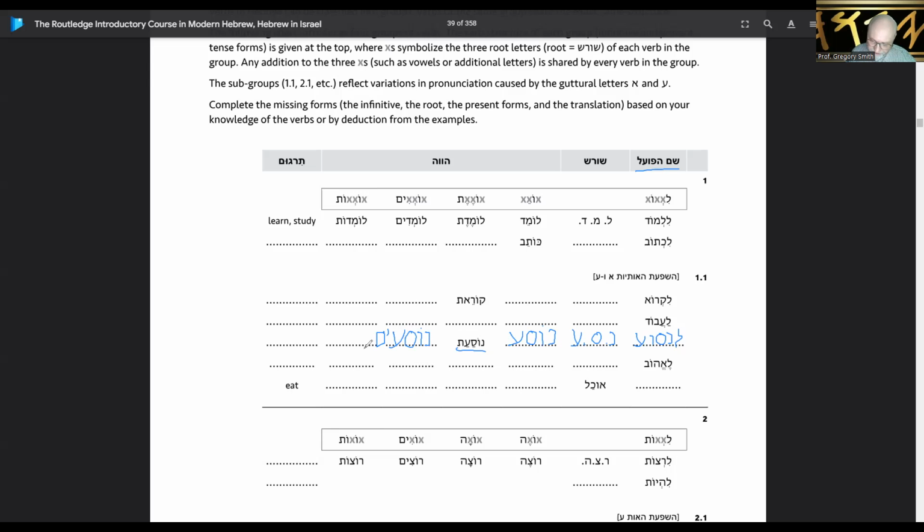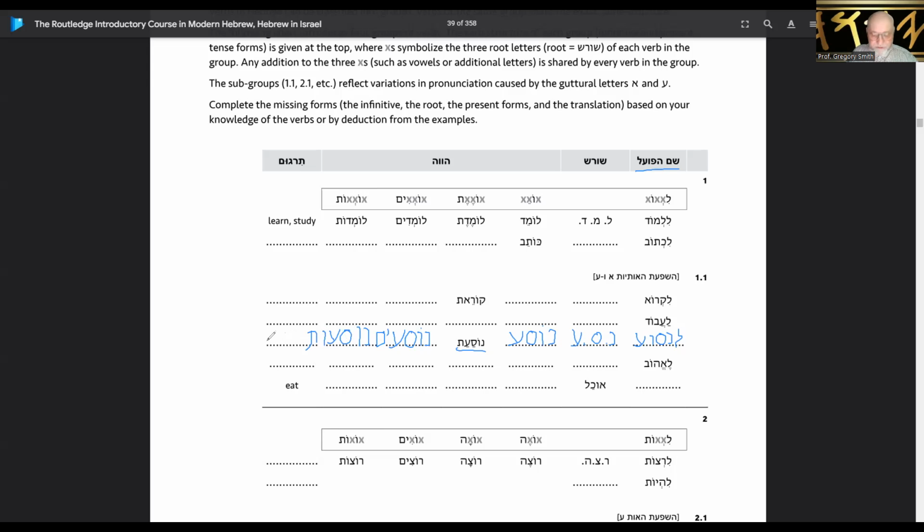And then what if you were to say you all are driving, like atem, you could say atem nosa'ot. So it would be nun, holem, samech, ayin, holem, tav, nosa'ot. Okay, you all girls are driving.